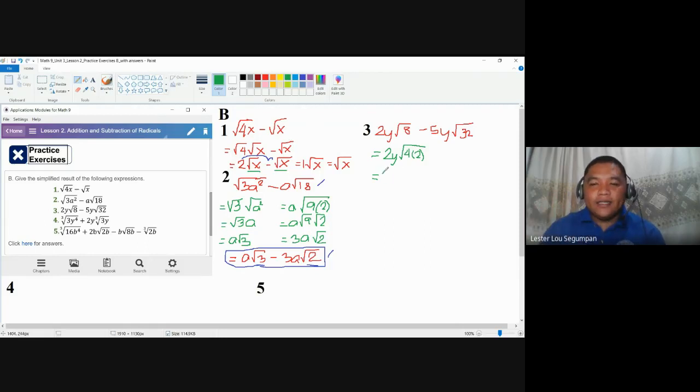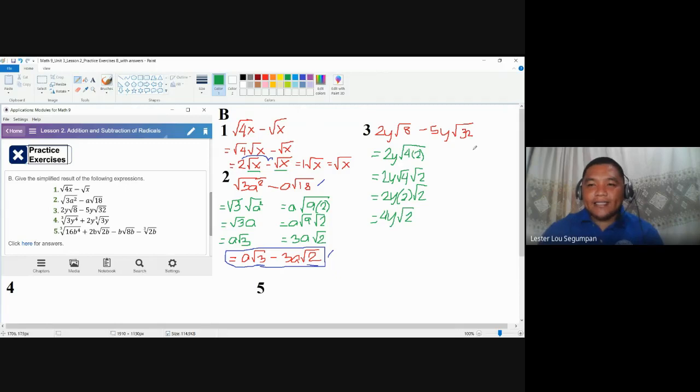So this is 2y square root of 4 times square root of 2. And square root of 4 is 2. So that's 2y times 2 times square root of 2. So 2y times 2, that's 4y square root of 2. That is for your first term.